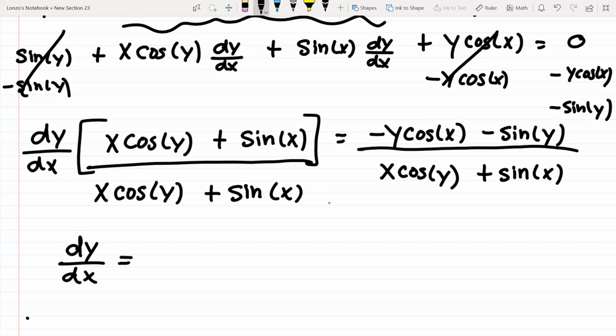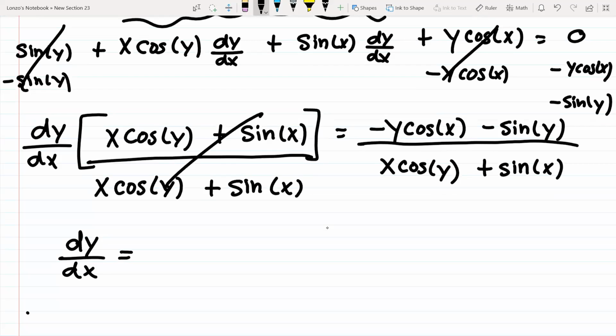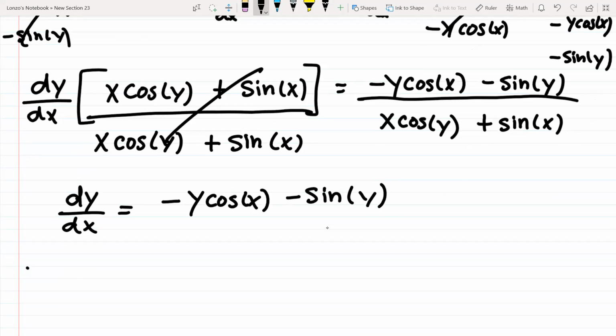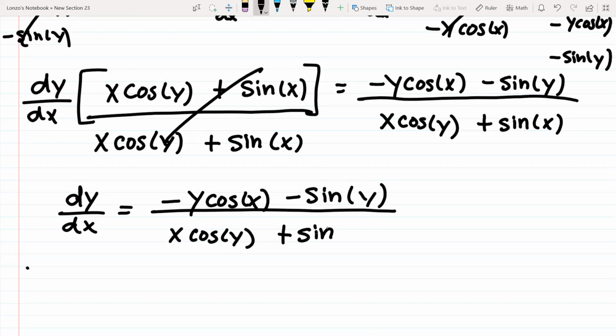So dy dx, this cancels, and then you're left with minus y cosine of x minus sine of y over x cosine of y plus sine of x.